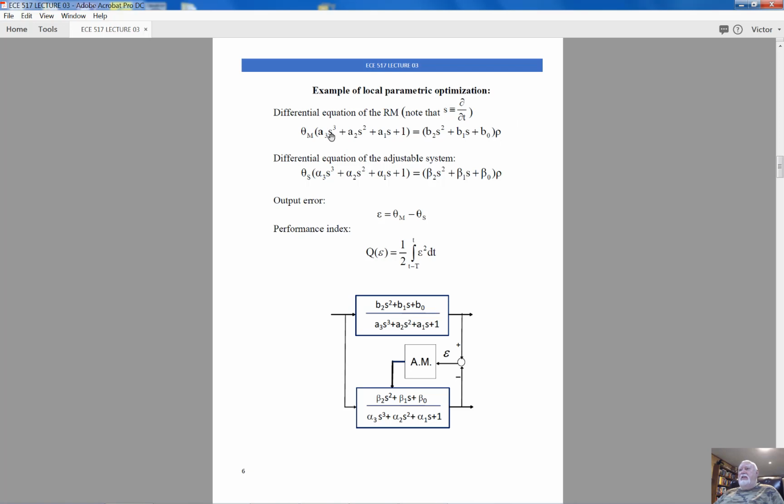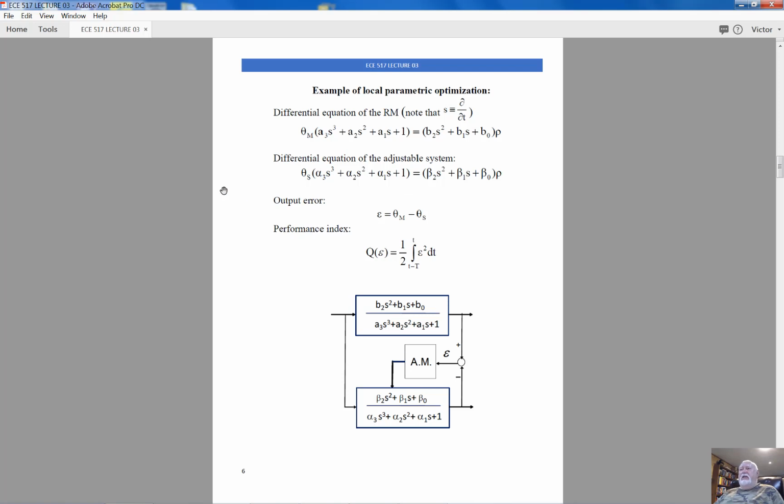I'm assuming that s, the Laplace variable, is the symbol of differentiation. This is the output of the reference model. This is the denominator of the appropriate transfer function. This is the polynomial numerator of the appropriate transfer function. And rho is the input.